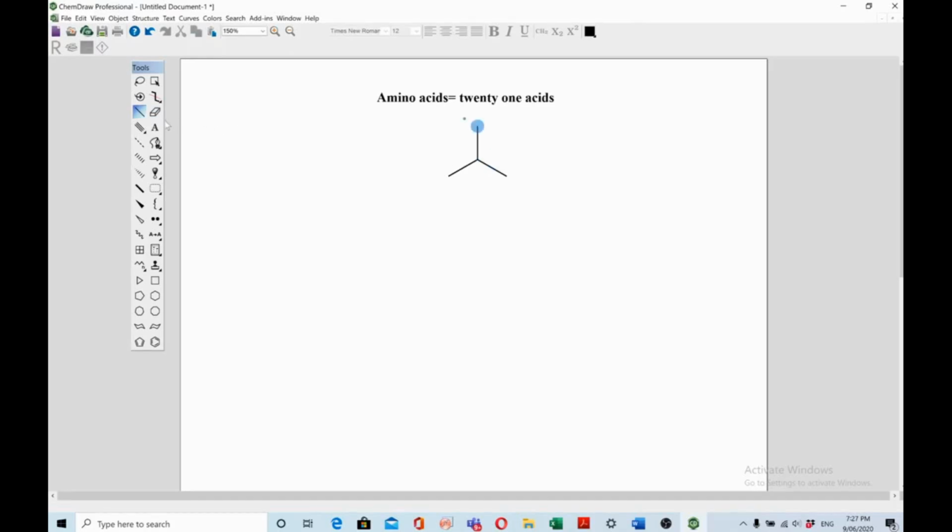So this is a carbon, and there is an R group, and this is the acid, and this is NH2. This is the carboxylic acid group, which I'm going to draw in blue color, and the NH2 group.